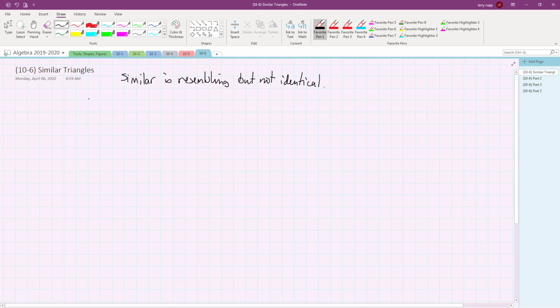So when we're talking about similar triangles then, we're talking about two triangles that are the same shape, but not necessarily the same size.